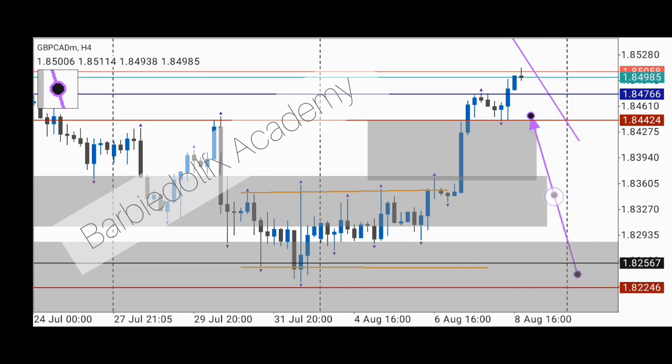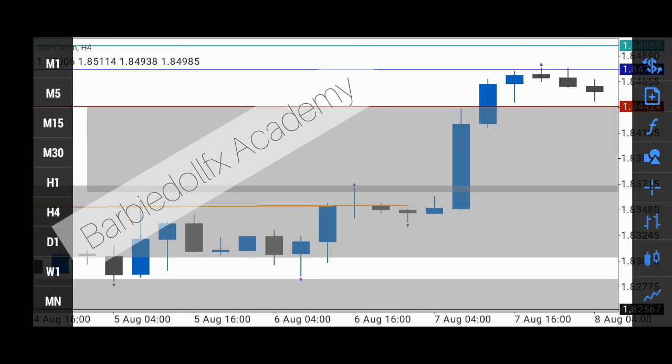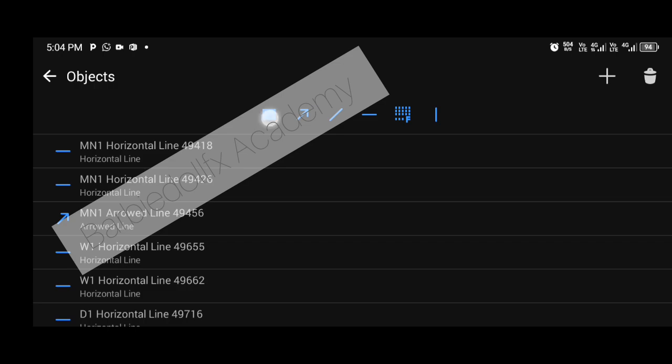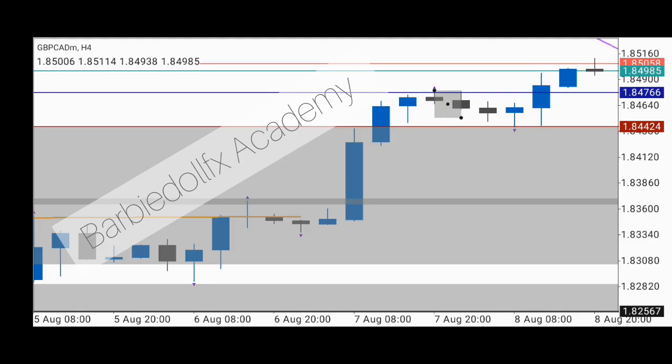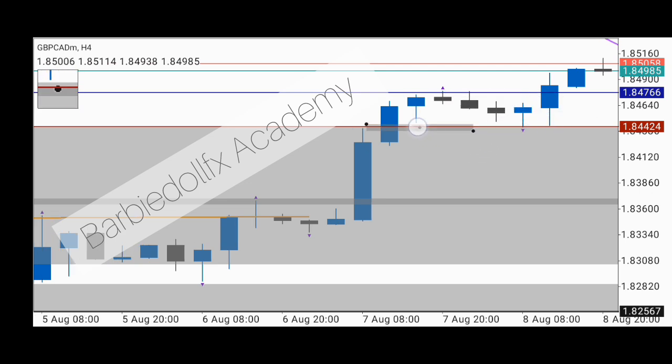With this candle here, and this tiny candle here, price ran through the previous daily high and went back inside. As it went back inside, you can see that we have a tiny fair value gap here, which it obeyed and pushed back up again.